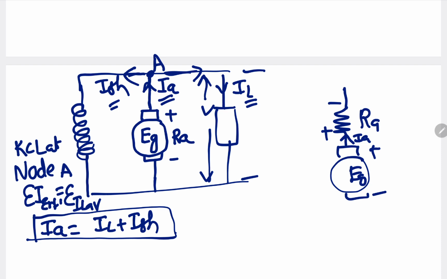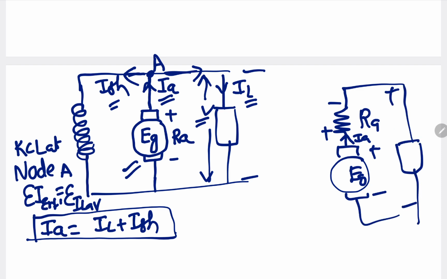Now I want to develop the relation between the voltages, that is EG and V. To develop it, I have to apply the KVL. Here the load is there, this is plus and this voltage is V. In this closed loop, I start from this minus.